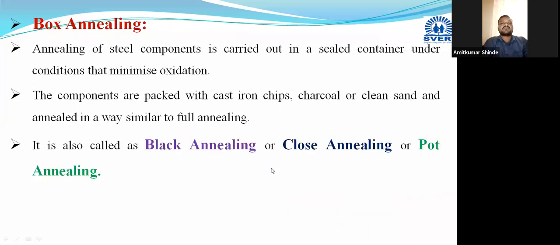Now, the next type of annealing is box annealing. In this annealing, the steel component on which we perform the treatment is sealed in a container so that oxidation will be minimum.